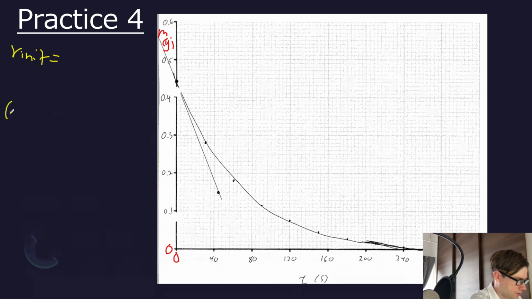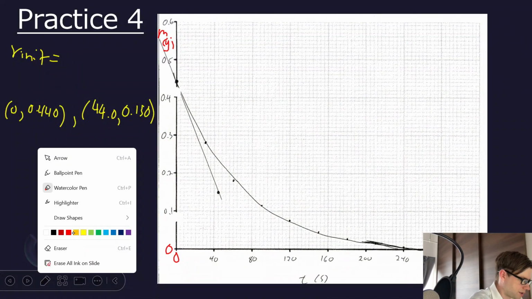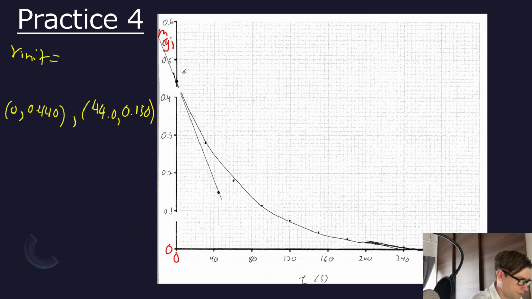I'm going to use 0 and 0.440 as the first one, and then 44 and 0.150 as the second point. So I'll write that in red on the actual graph as well. This point is 0, 0.440. And this one is 44, 0.150.